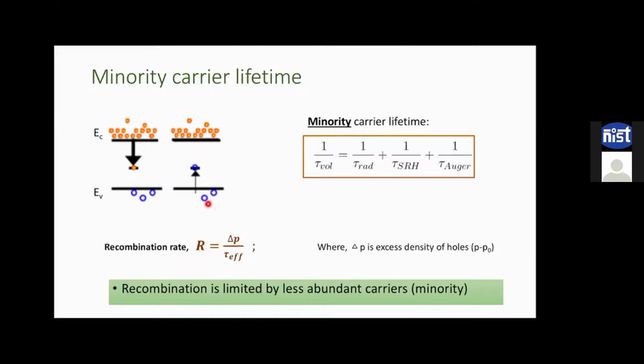So even if we think of the carrier lifetime associated with electrons and holes, it is actually associated with the minority carriers. So the recombination rate in your solar cell structure can be expressed by this equation, which is proportional to the excess density of your minority carriers. In this particular example, given the semiconductor is N-type, the minority carriers are P-type, or holes.